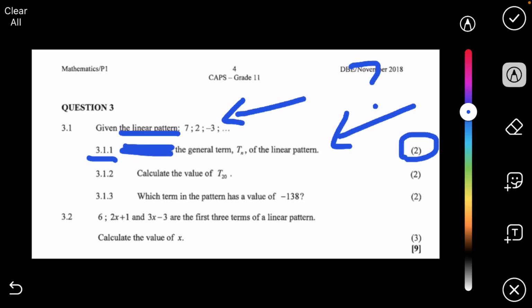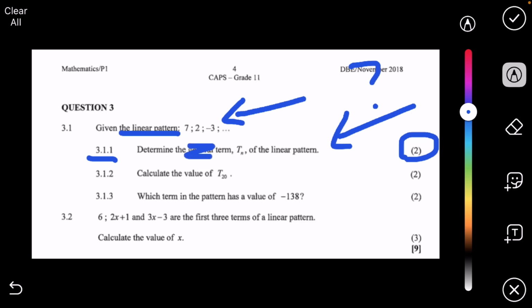It doesn't make complete sense in terms of what we are supposed to do. So if we remove that word there, we remain with determine the general term Tn of the linear pattern. It makes sense. You can still perform whatever calculations are necessary when removing that word.